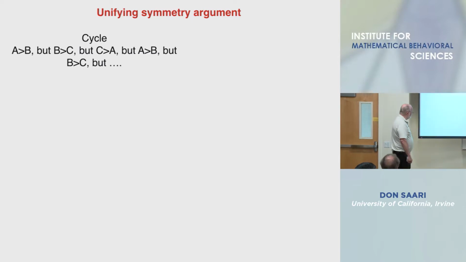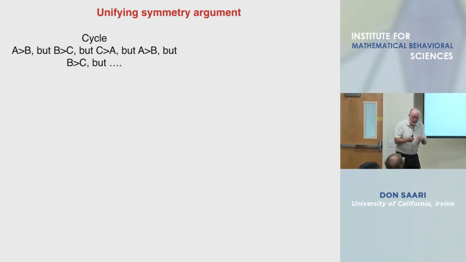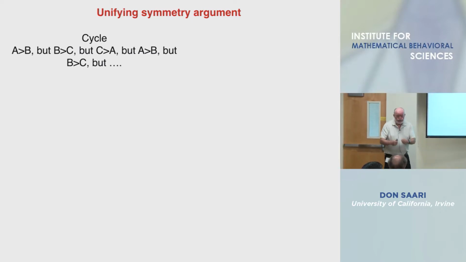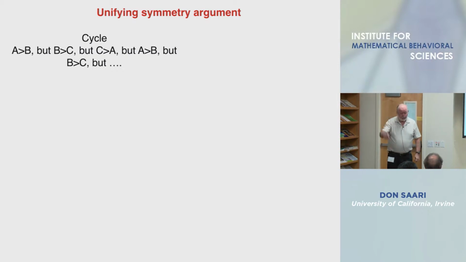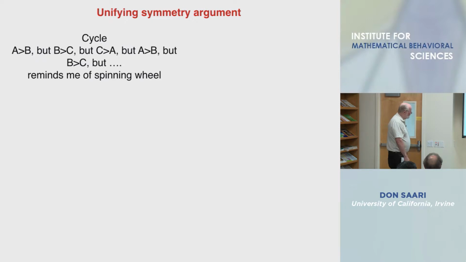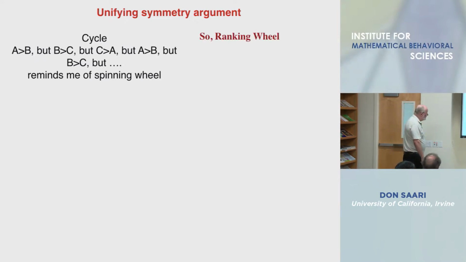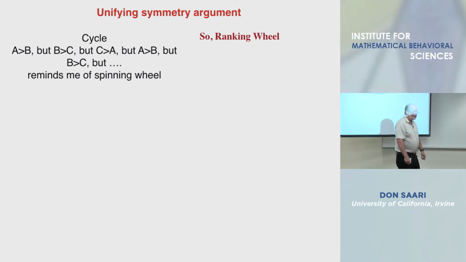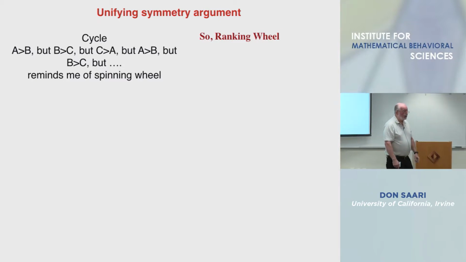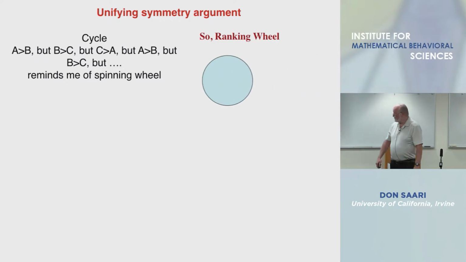Now, when you have a cycle, if you have A is better than B, but B is better than C, but C is better than A, but A is better than B, it sounds to me like a spinning wheel, okay? It's just spinning around and around. And so to understand this, I created what I call a ranking wheel. Just a wheel. Now take how many alternatives you have. Let's suppose there's 6 of them.